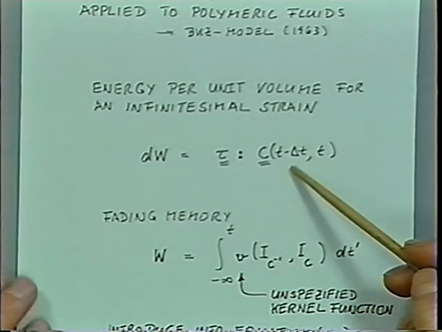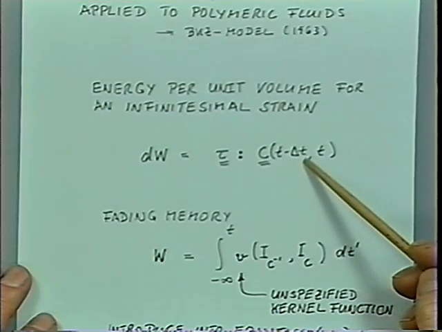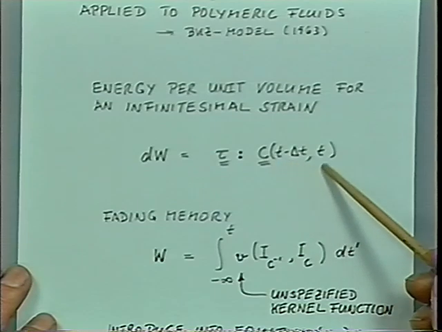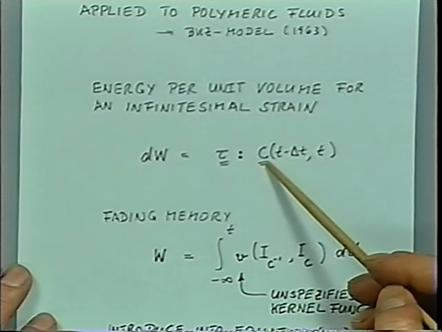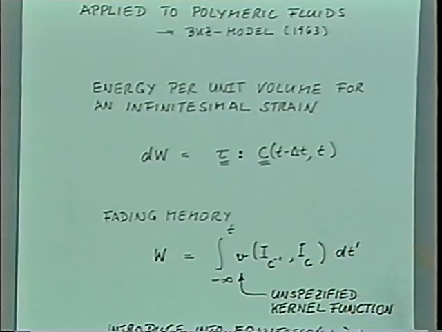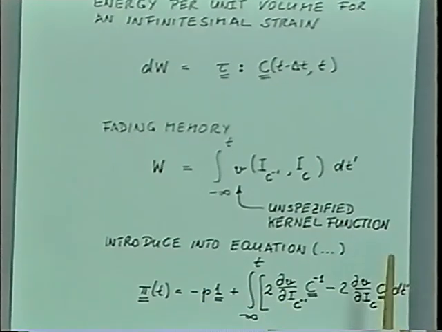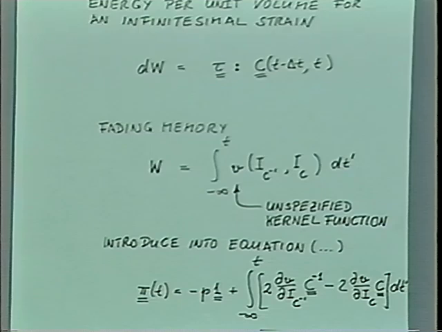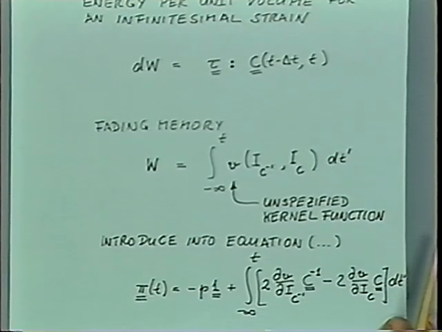We are taking an infinitesimal strain, so the strain tensor is given between t minus delta t and t, and that's multiplied into the stress, and the product is the energy per unit volume involved for this deformation. In rubber, that would be okay, but in a polymeric liquid, the loss of junctions, or whatever you want to call this, has to be accommodated in the fading memory.